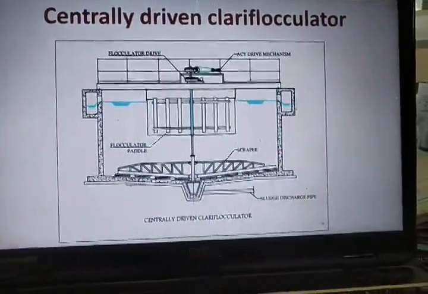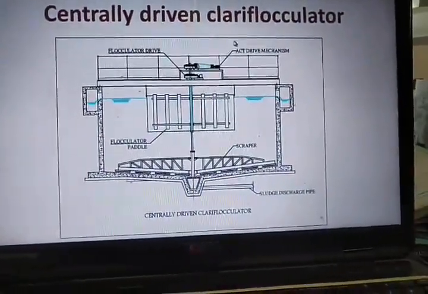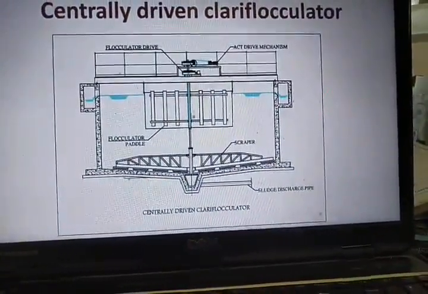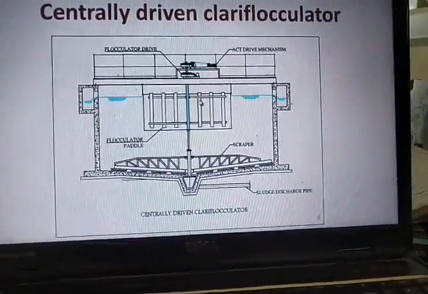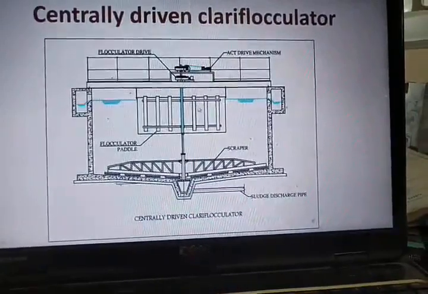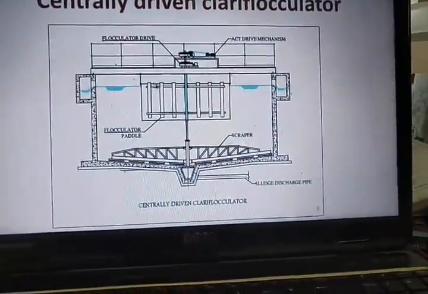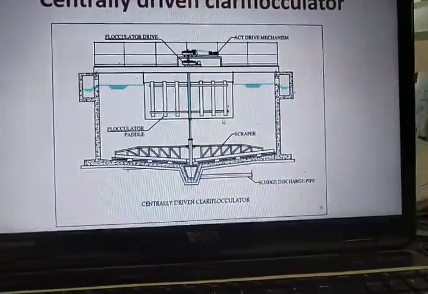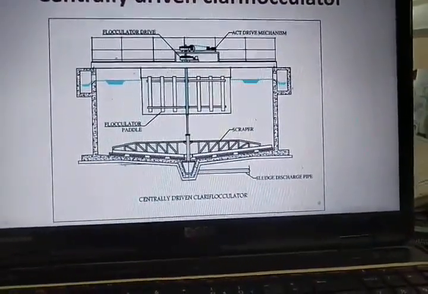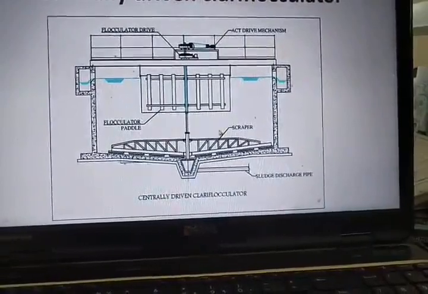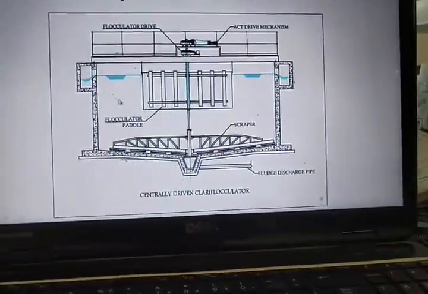See, this is how the clariflocculator looks. It is nothing but an advanced form of a circular sedimentation tank, with the addition of an inner zone called the flocculation zone, and the outer zone called the clarification zone.